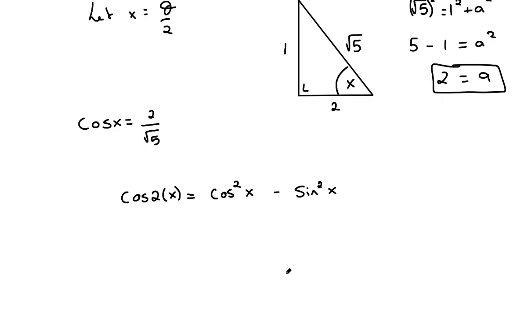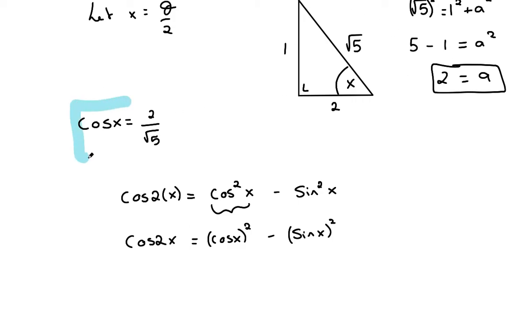I actually know what cos of x is, and I actually know what sine of x is. Technically I could write this as cos of x all squared minus sine of x all squared, and that's going to be equal to cos 2x.